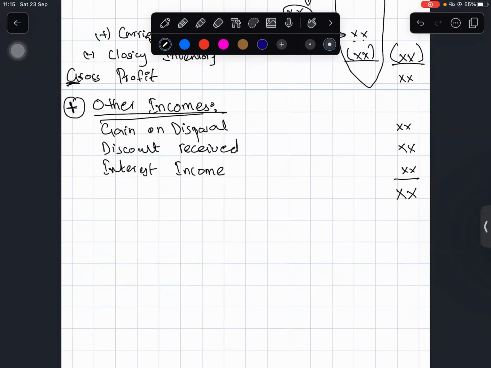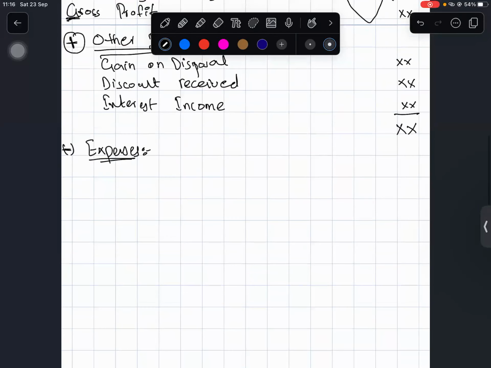Once this is done, then you get to the final point, which is minus expenses. Now, these are general expenses. Some of the most often occurring expenses will include the rent expense. Write this properly.